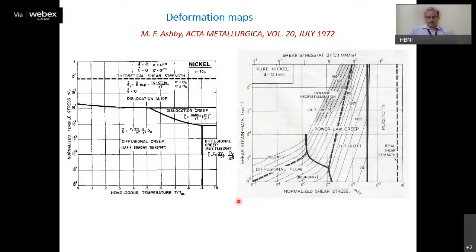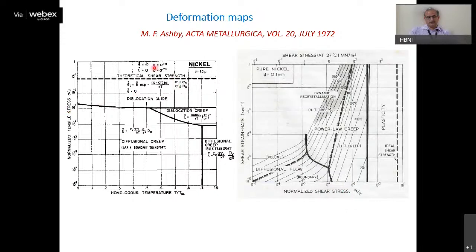Based on the different energies required for activation of these defect mechanisms, these plastic deformation mechanisms, Ashby has generated deformation maps. These deformation maps are in temperature versus normalized stress space, and can also be in strain rate and normalized stress.